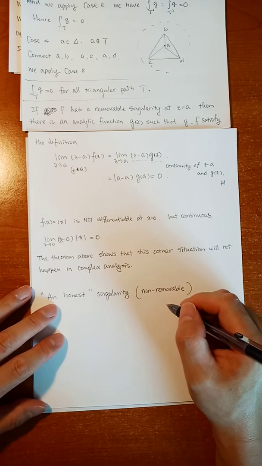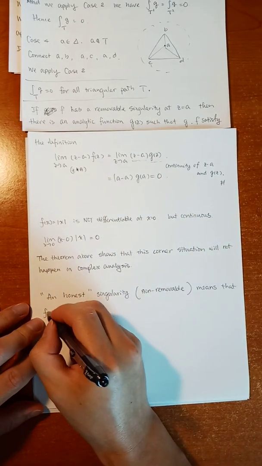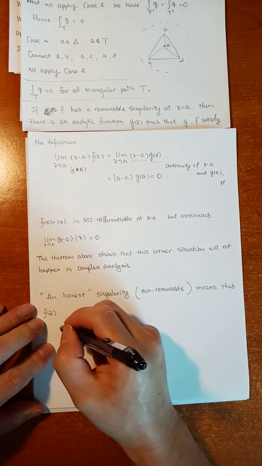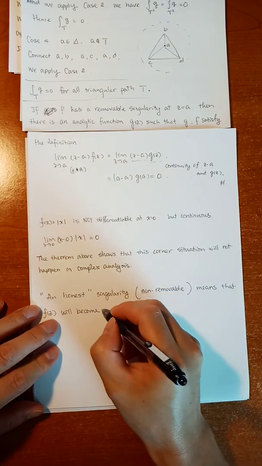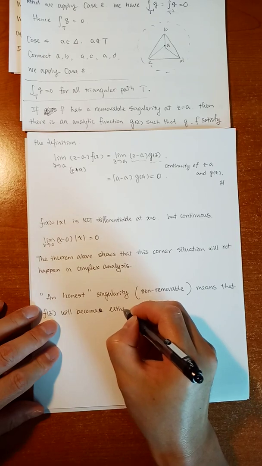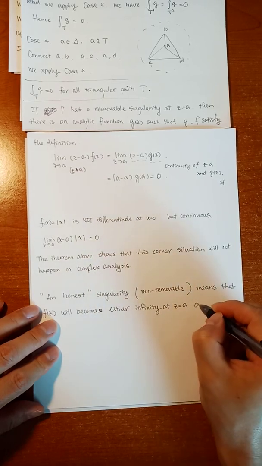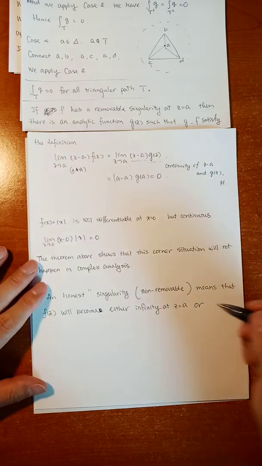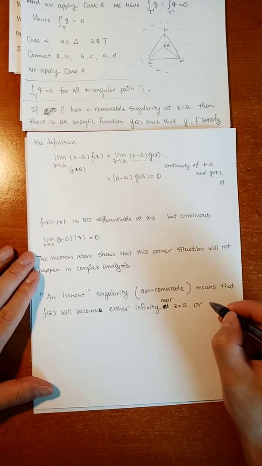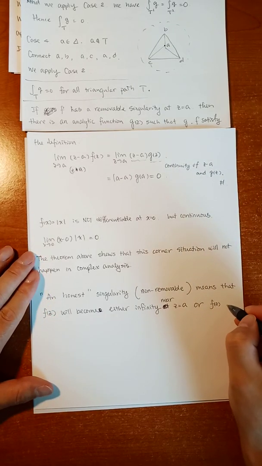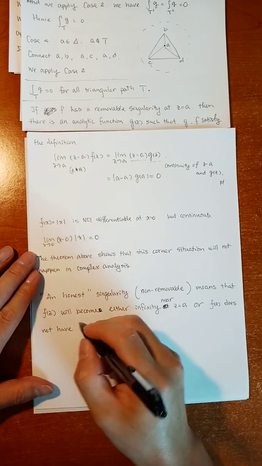Essential singularity means that the function f of z will become either infinity at, or rather near, z equal to a, or it does not have any limit.